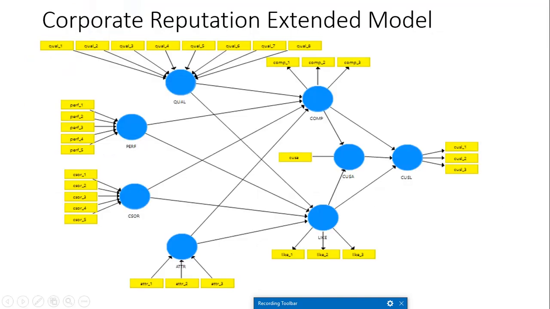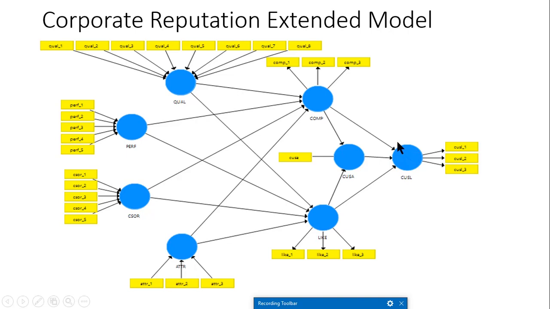So I'm going to use the already built-in corporate reputation extended model in SmartPLS, and this model has three main conceptual theoretical components. The first is the target construct of interest, which is CUSA, or customer satisfaction, and customer loyalty.